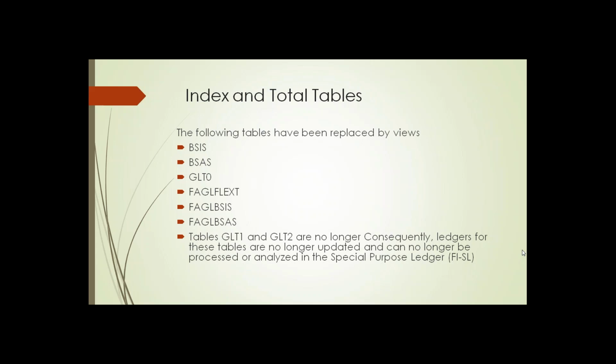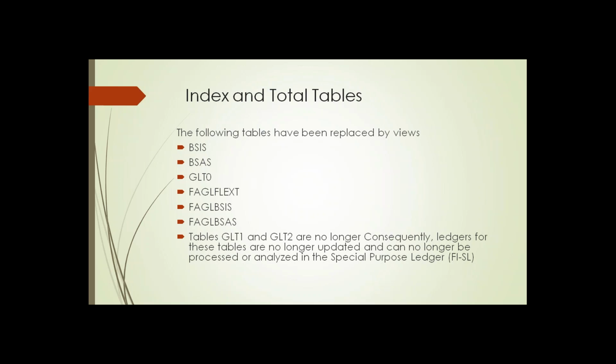But now going forward, all this information related to BSEG, BSIS, BSAS, everything can be stored in the ACDOCA table. So that is the reason why there is no need of storing this index information in the tables. Okay, so all this information will be available in the ACDOCA table.